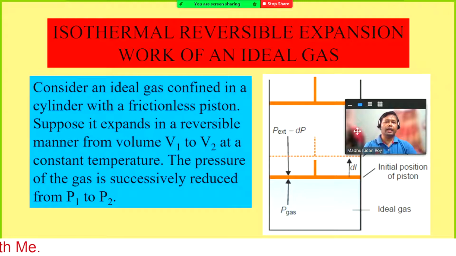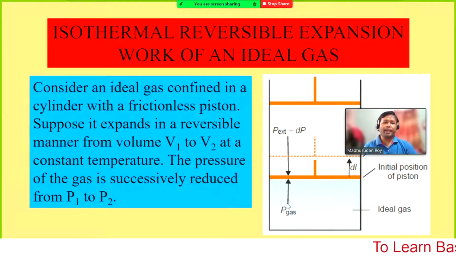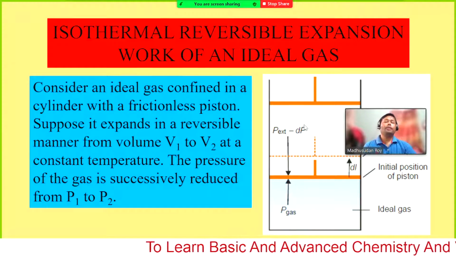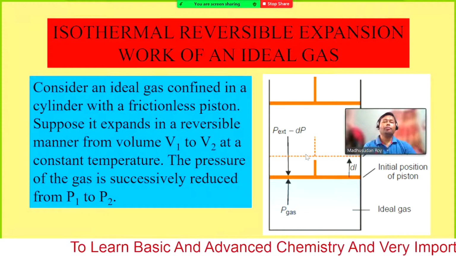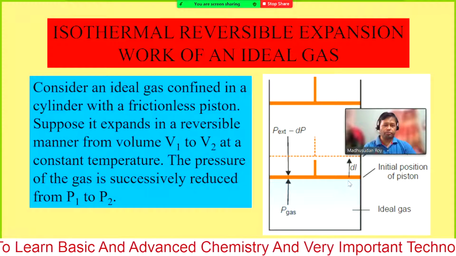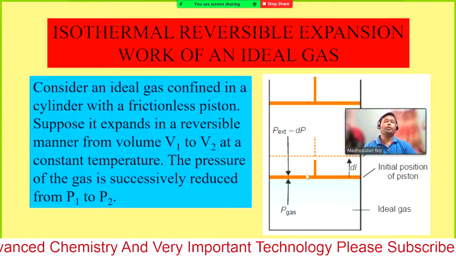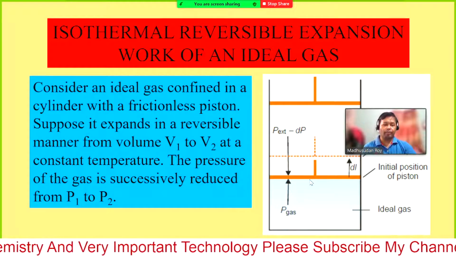Now if we want to expand the gas from V1 to V2, in that case we may need to consider millions of very small steps. So in every step we are performing the work dW.